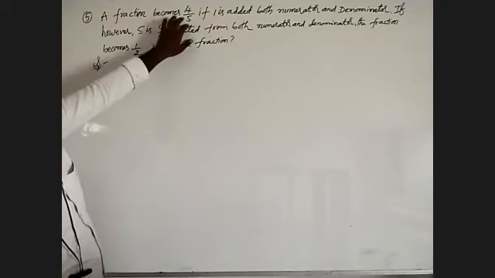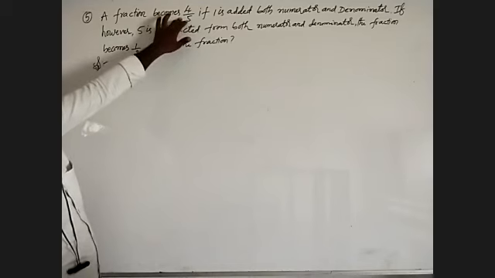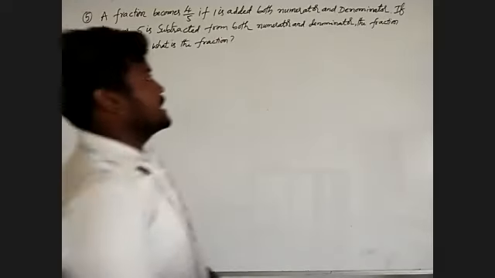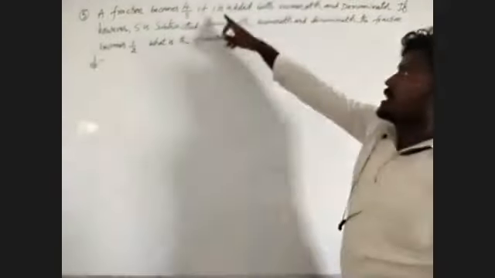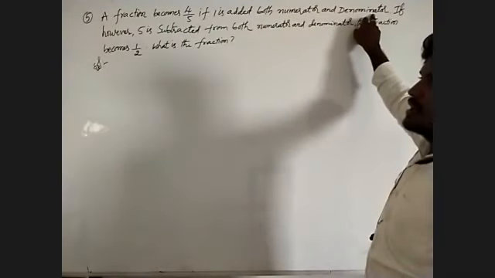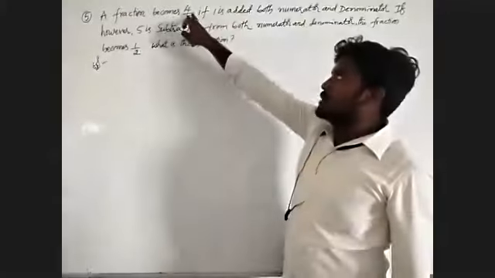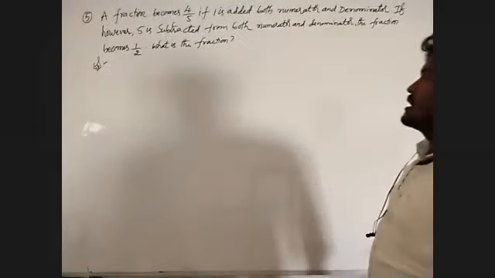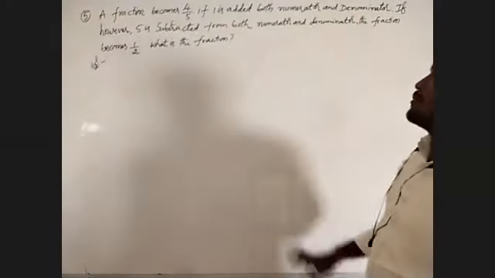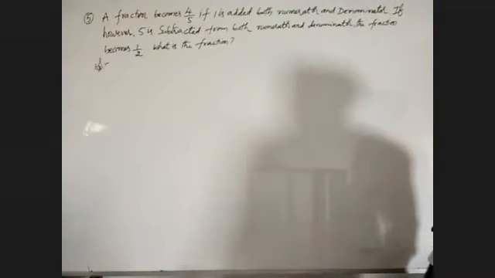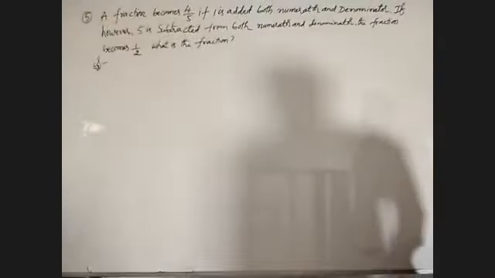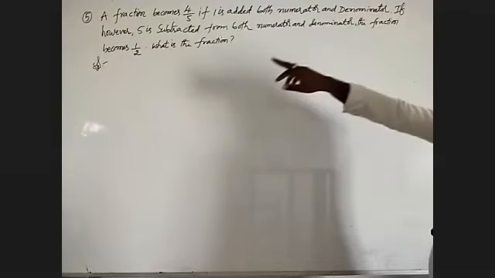A fraction becomes 4 by 5 if 1 is added to both numerator and denominator. Here 1 is added to both numerator and denominator, then the given fraction will become 4 by 5. After that, another statement is also given. 5 can be subtracted from both numerator and denominator if the fraction is 1 by 2.